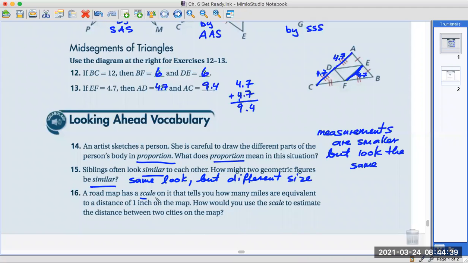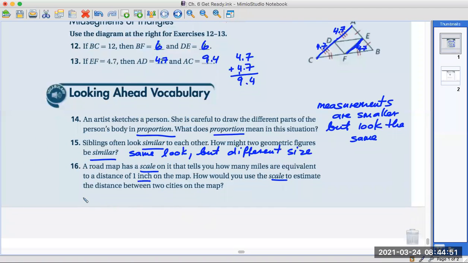A road map has a scale on it, tells you how many miles are equivalent to a distance of 1 inch on the map. How would you use the scale to estimate the distance between two cities on the map? Well, first you have to measure the distance on the map. And then you would multiply each inch. So you would say maybe 5 inches.